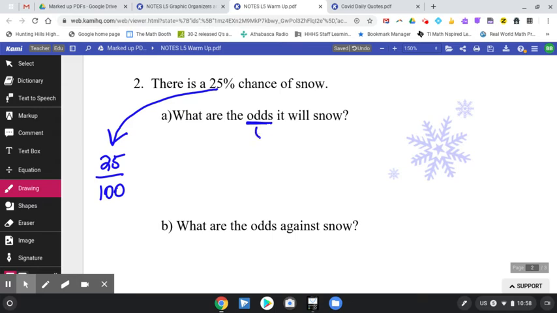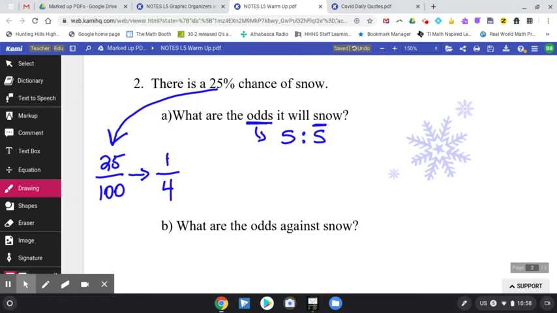So remember, for odds, that's a comparison. We want to compare that it will snow compared to that it won't snow. Now, at some point, we're going to have to do some simplifying, so we may as well simplify right here. 25 out of 100, that's the same thing as 1/4, or 1 out of 4. So it's kind of like 1 out of 4 days it snows.